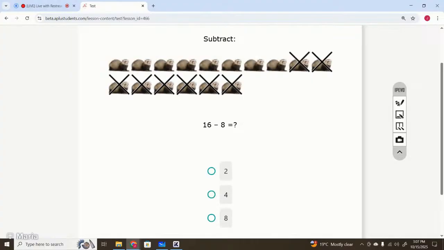That is 10. 16 take away 8 is. Yes, it is 8. Option number 3 is the correct option.